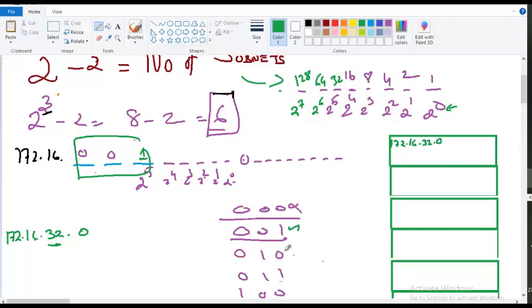Okay. Now what about the second department? For that we put 1 here and 0 here, which is 2 to the power of 6 is 64. You see? Yeah, 64. 172.16.64.0 is the next department's network.